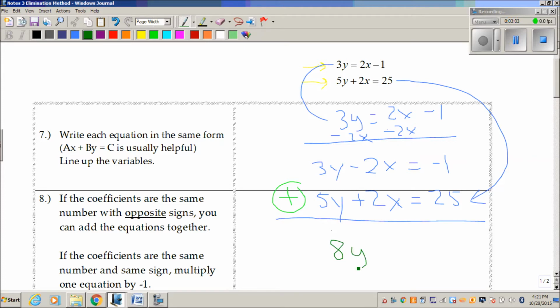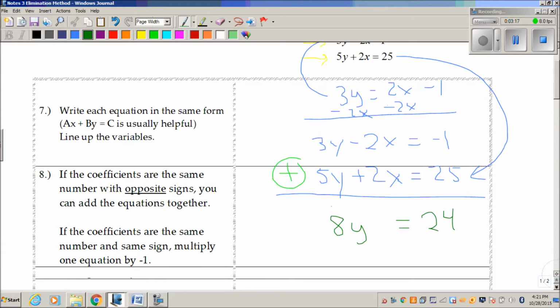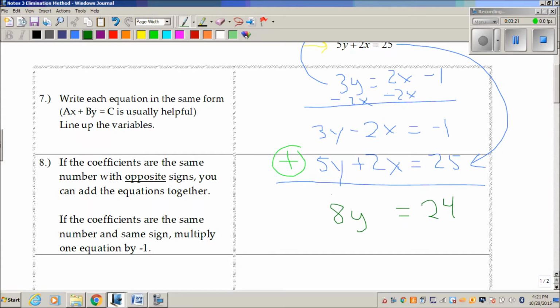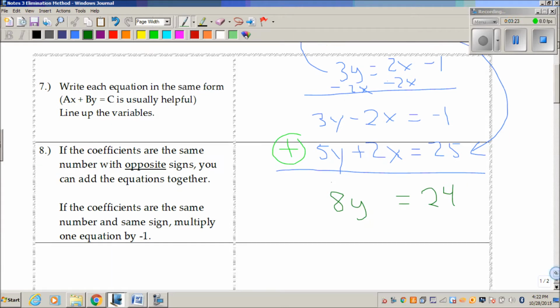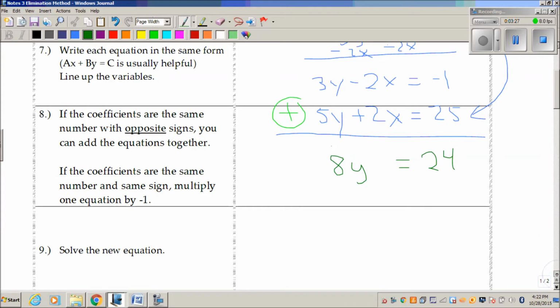Negative 2x plus 2x is 0, so they cancel each other out, equals, and on the right side I'm going to get 24. This is exactly what I was hoping for. You line up your variables, and if they're exactly the same but opposite, they will cancel with each other. So now I've got a much simpler equation with only one variable. It just says 8y equals 24.